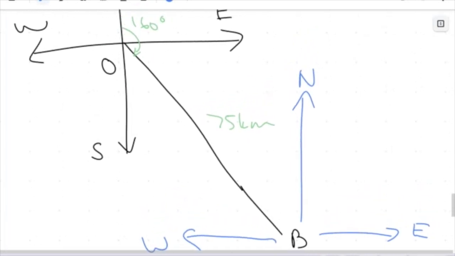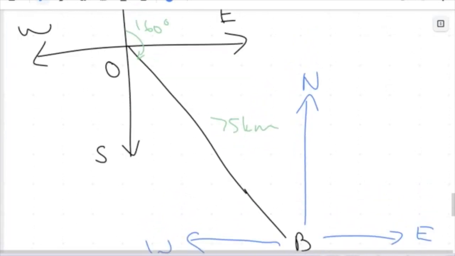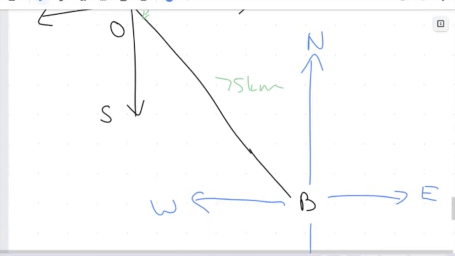Okay, now, once again, I can do this in a number of different ways.